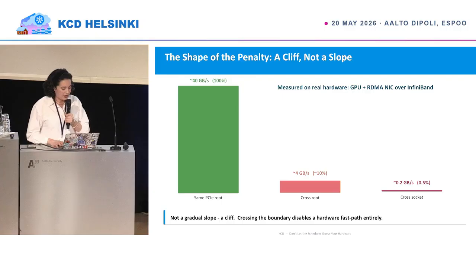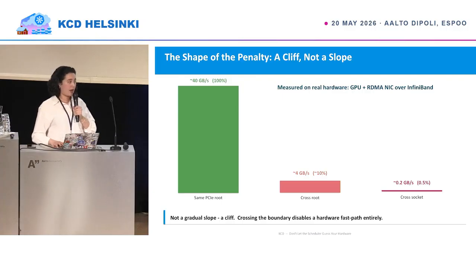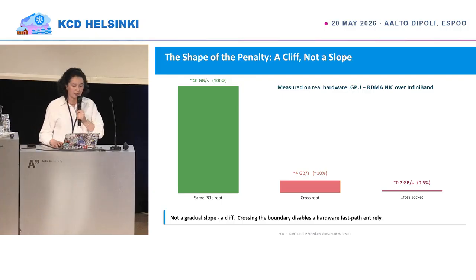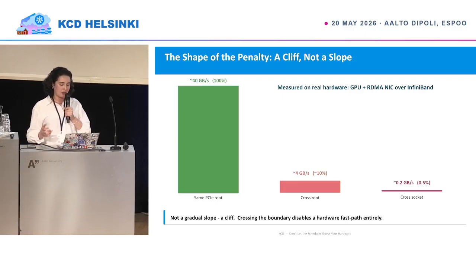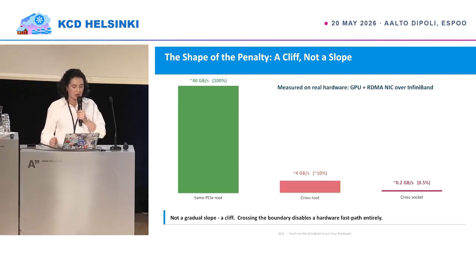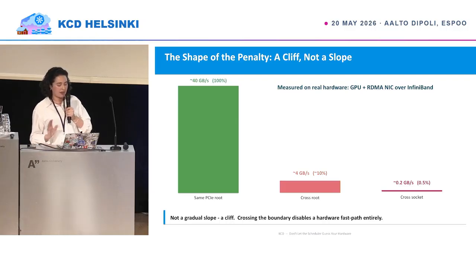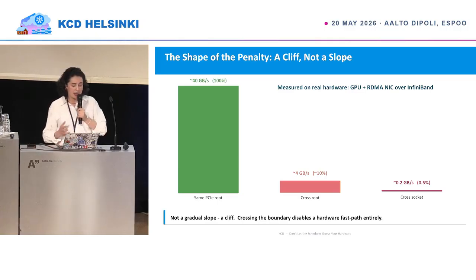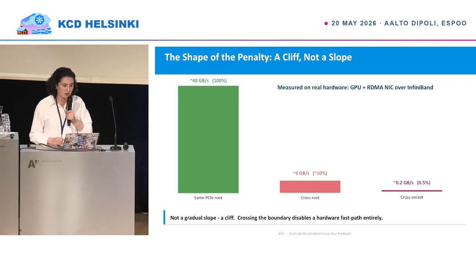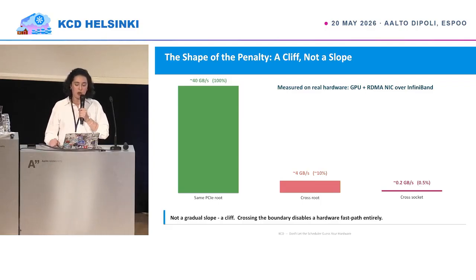Here is a very quick example of a real use case where we had a distributed multi-node disaggregated inference workload. At some point, our devices landed in different sockets, which means that the transfer bandwidth between prefill and decode workers degraded significantly.